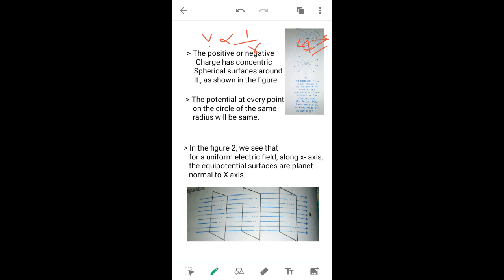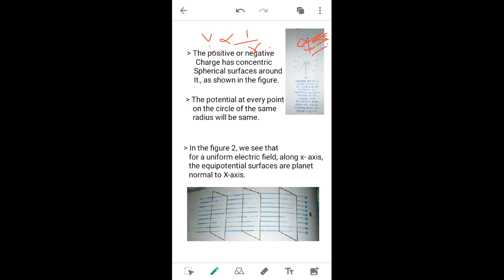If we take the outermost sphere, as we tend towards the outermost circle, the radius goes on increasing. You can see from the figure it goes on increasing. So as the radius increases, potential decreases. Similarly for the negative charge also, as you can see in the figure.